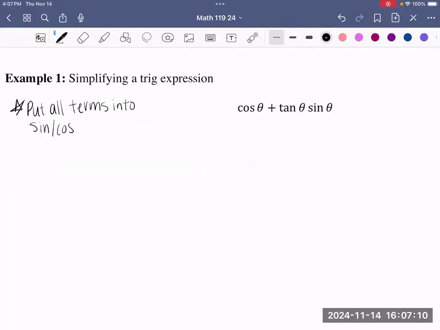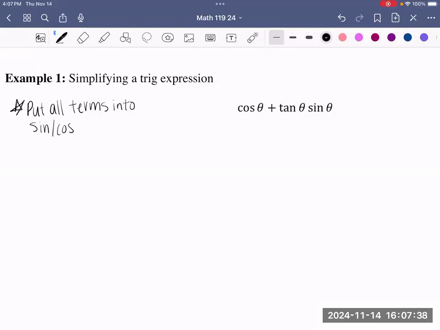That is, if you don't see an immediate identity that can be used, and it just comes with patterns, this is more or less like a puzzle, trying to get it into something a little bit more condensed. So if you notice that there's no identity to be used at the beginning, then perhaps if we get stuck, let's try to write everything in terms of sine and cosine.